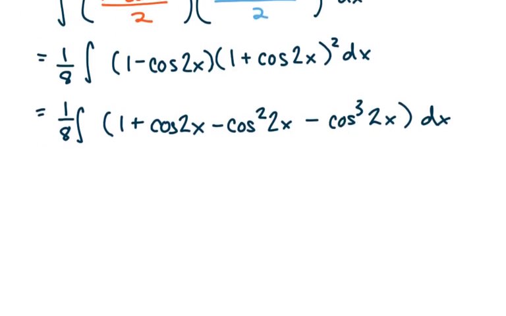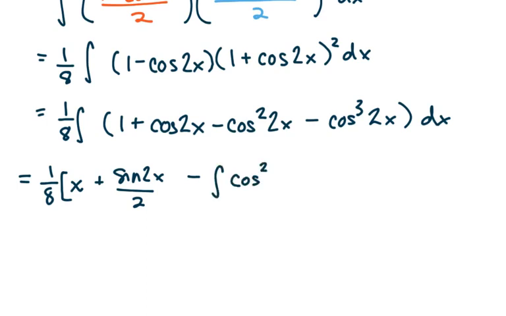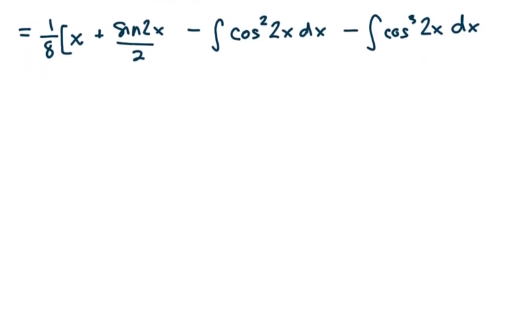All right, so I have 1/8 times, integrating this first term, I get x. Integrating this second term, I have plus the sine of 2x over 2. So I still need to deal with my integral for cosine squared of 2x dx and minus my integral for cosine cubed of 2x dx. Looking at my two integrals I have left, I'm going to do each of those separately.